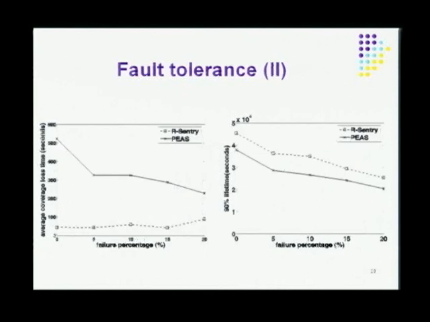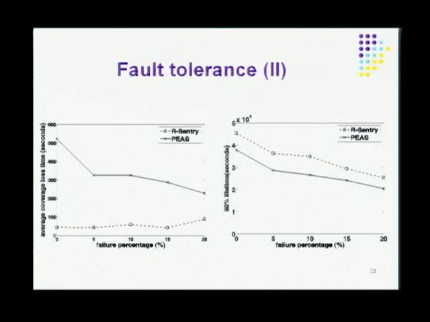Okay, so here again, this is the failure percentage. As the failure percentage increases, our algorithm is still good regarding the average coverage loss. And surprisingly, P is doing better. Why?